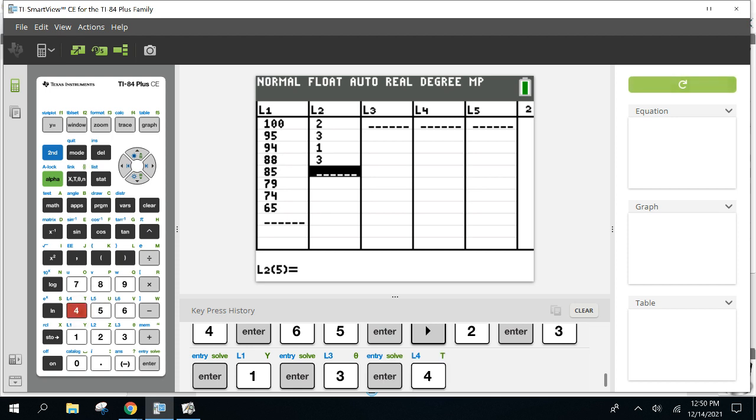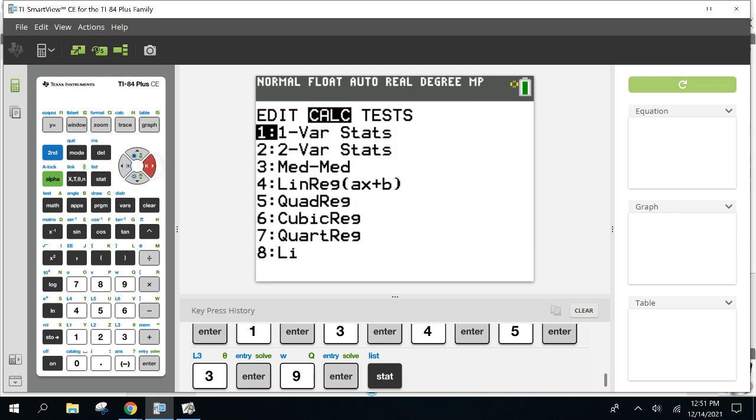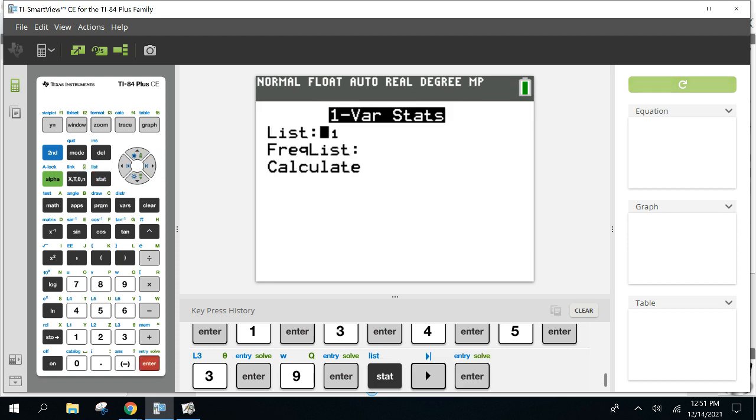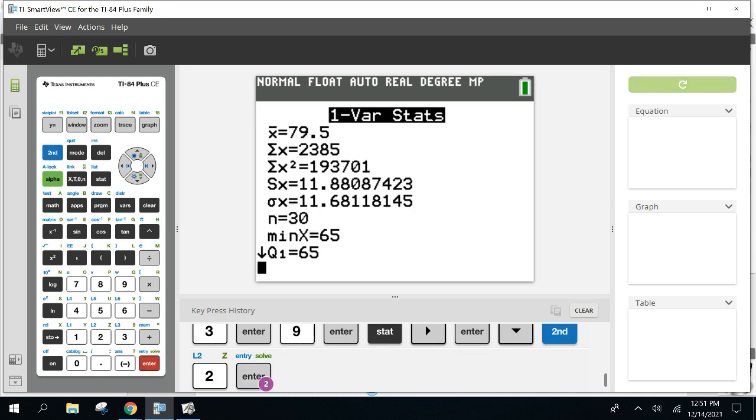Okay, I did it. Remember, when you go to 1-var stats, you are going to have to put L2 in. Where is L2 again? Second 2. I'll let everyone catch up. What did you get for the average, guys?